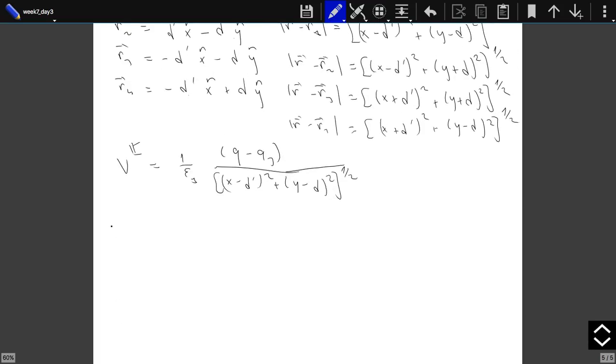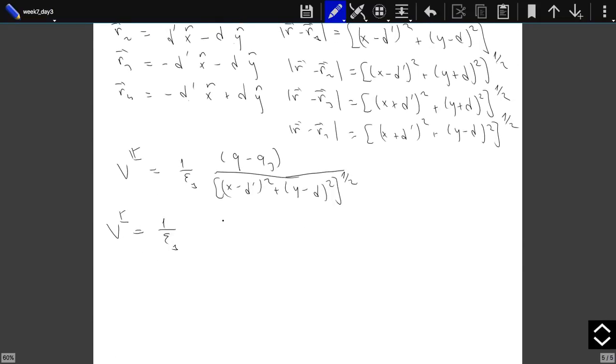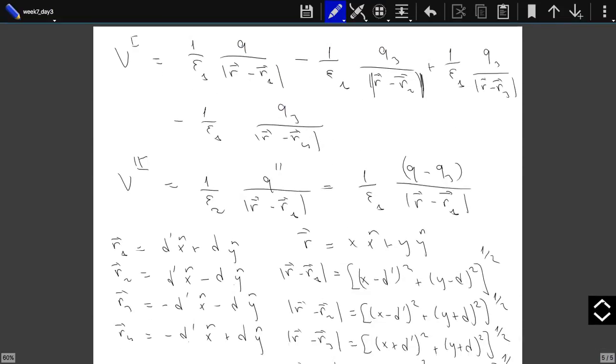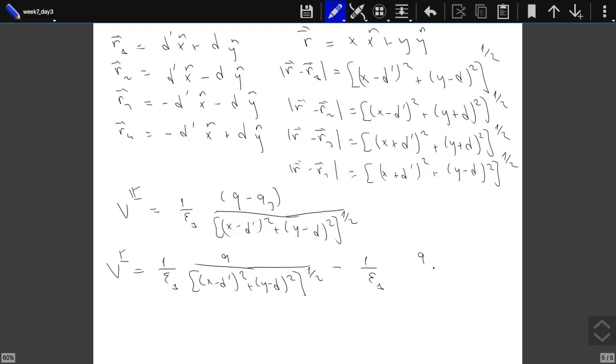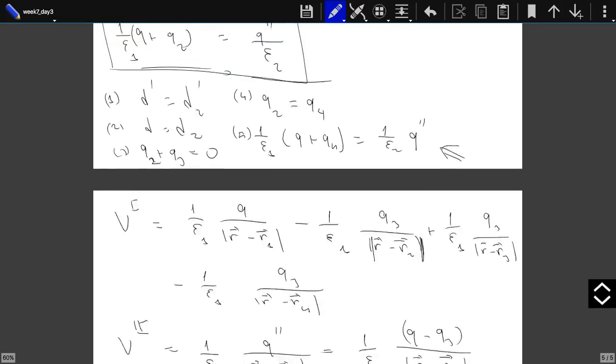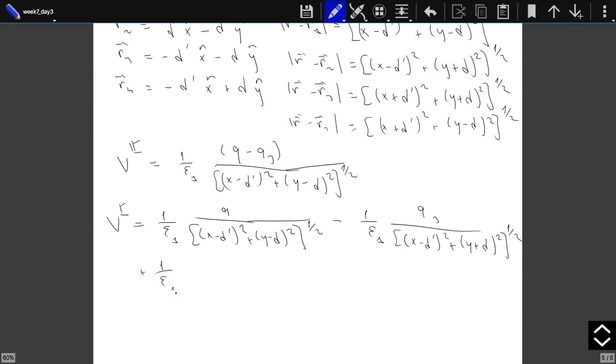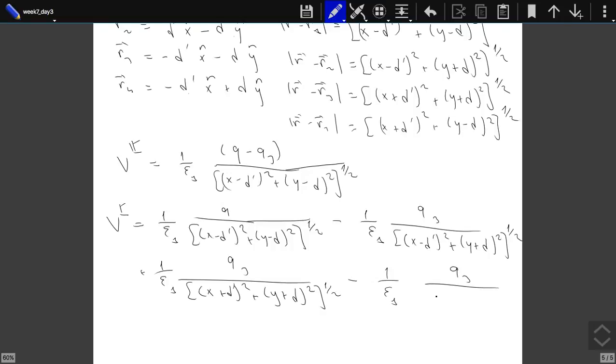V1 is 1 over epsilon 1 q over |r minus r1|, to the power 1/2, and then minus q3 over epsilon 1 over (x minus d prime) squared plus (y plus d) squared, plus, well, the third term, 1 over epsilon 1 q3, and minus 1 over epsilon 1 q3 over |r minus r4|.